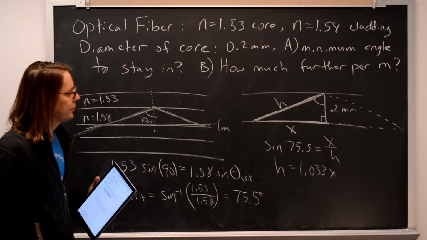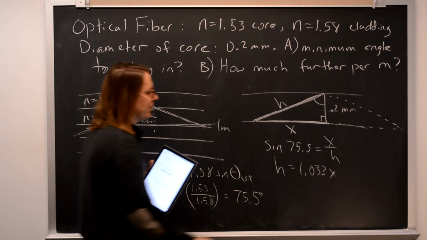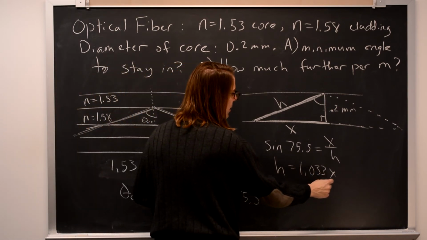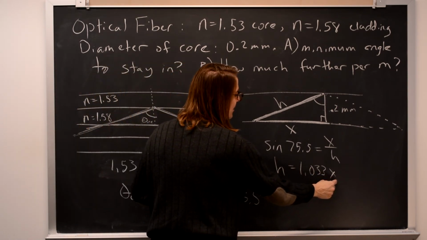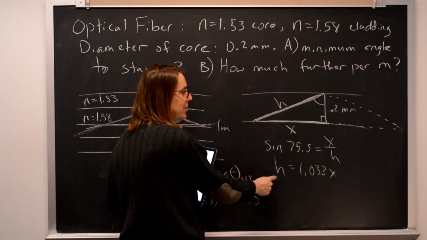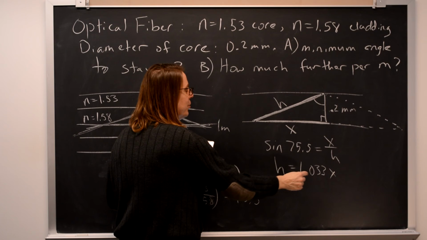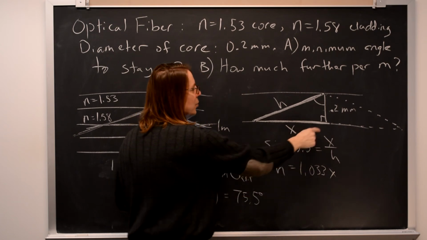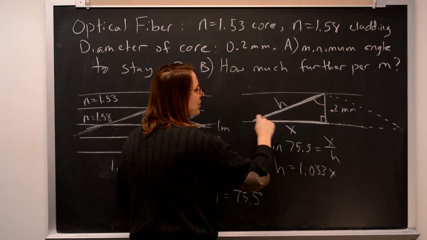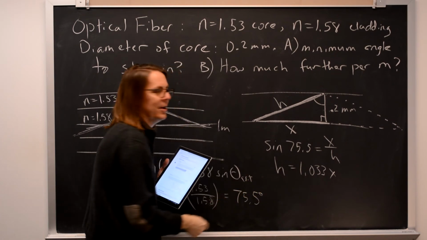So we know that for every 1 nanometer that you go in x, you go 1.033 nanometers in h. And for every centimeter you go in x, you go 1.033 centimeters in h. For whatever this actually is, based on the 0.2 millimeters, you go 1.033 times that in h.